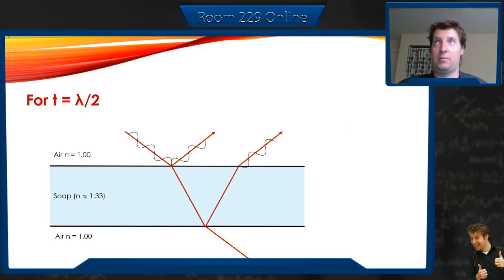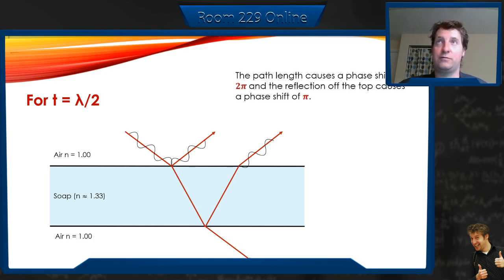Now if it's double that, if it's lambda over 2, we're going to end up with a phase change of 2 pi. Sorry, you can't really see that, but that's a phase shift. That says phase shift of 2 pi, and the reflection causes a phase shift of pi. So we have a pi phase shift there, and then we have lambda over 2 down here, lambda over 2 down, up, down, and back up.